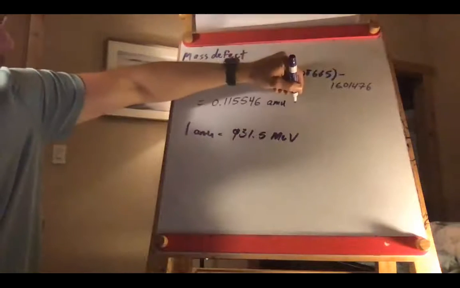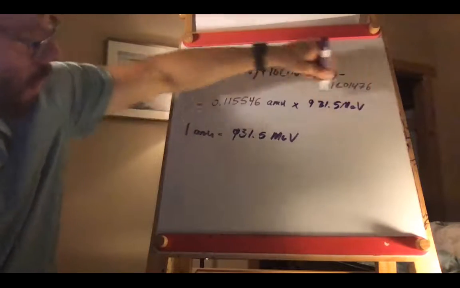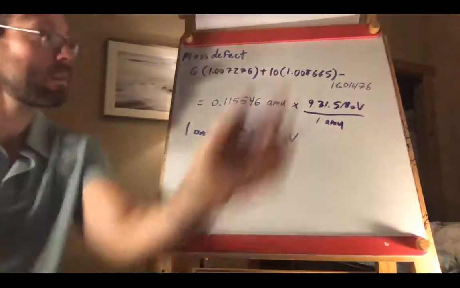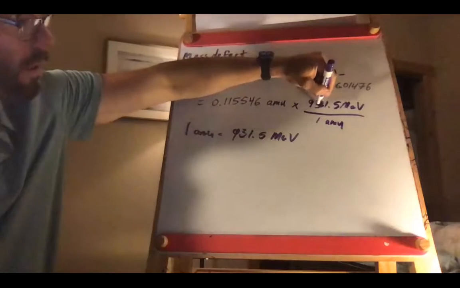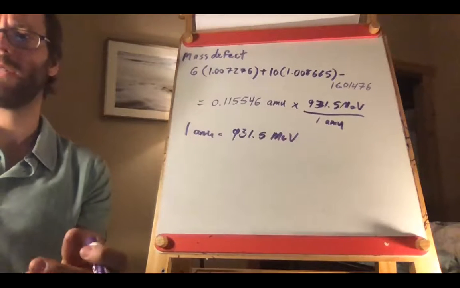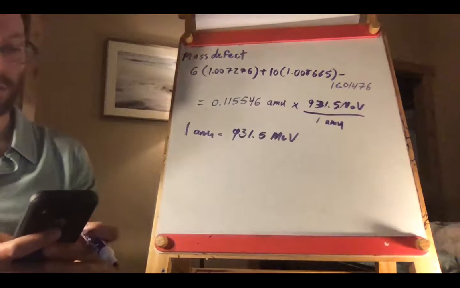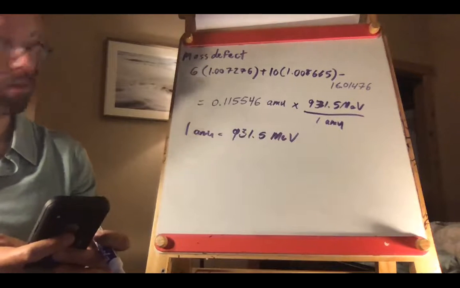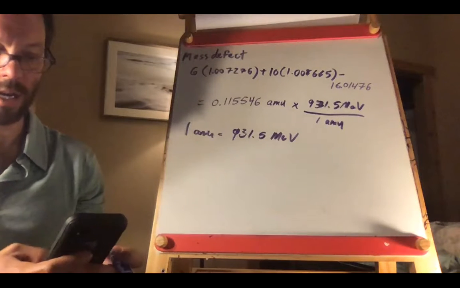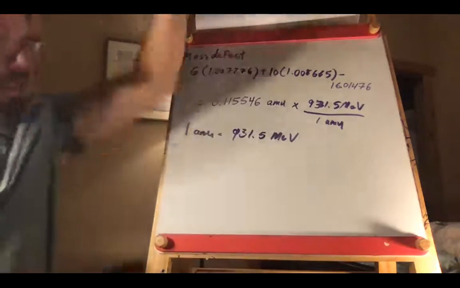So it's this times 931.5 mega electron volts over 1 AMU. 0.115546 times 931.5, I get 107.